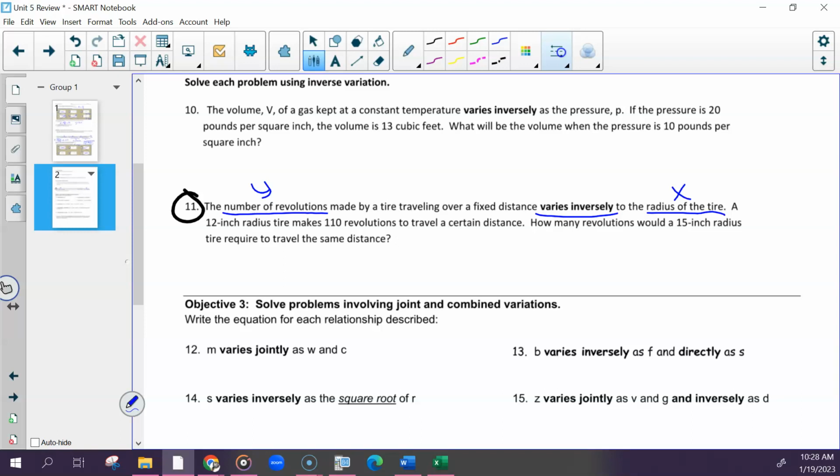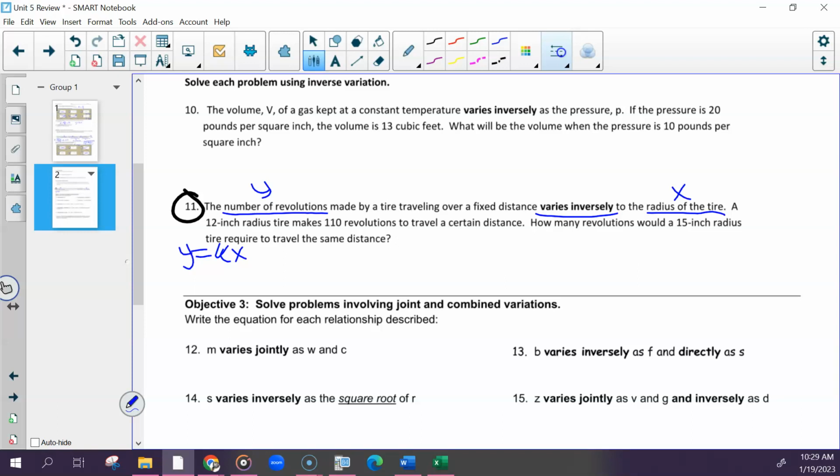Or you can make it uppercase, lowercase r. They just have to be different. For all of these word problems, make sure that you are writing your original equation, whether it gives you different variables or not, so you know the format.